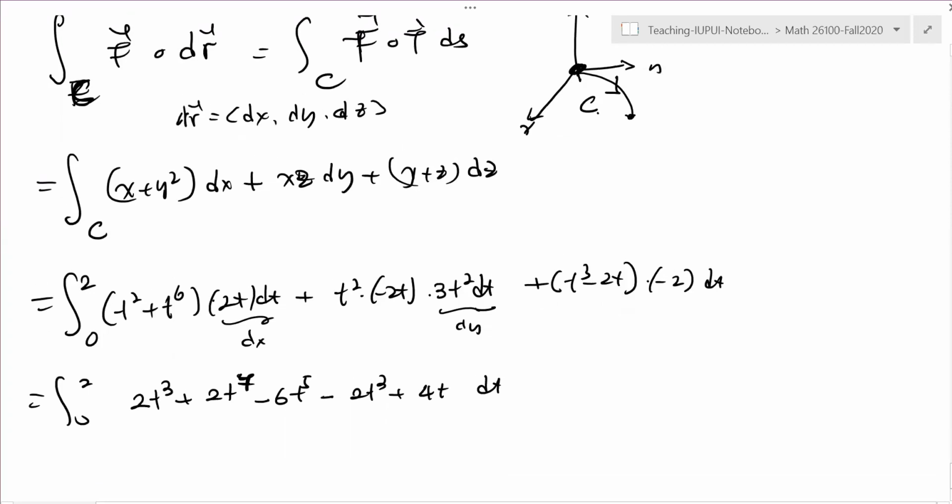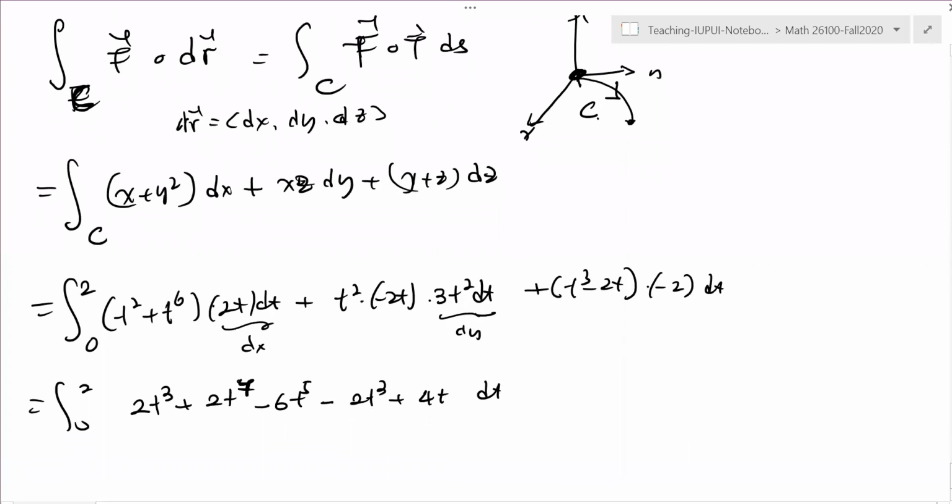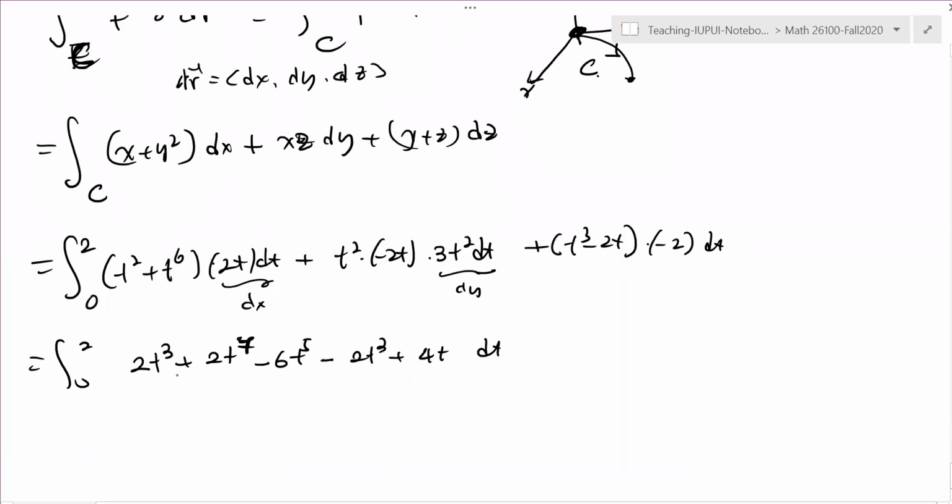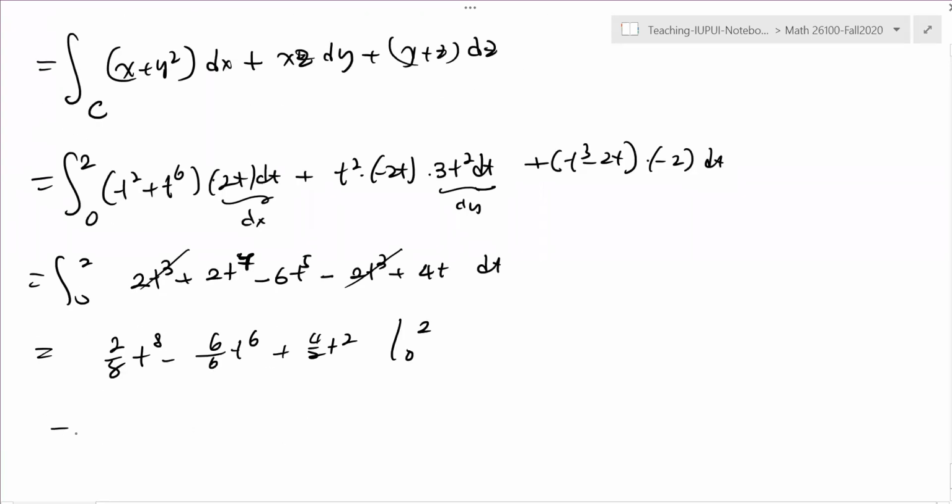The only simplification is that the t cubed terms cancel out. The antiderivative is 2 over 8 t to the 8th, minus 6 over 6 t to the 6th, plus 4 over 2 t squared, evaluated at the two endpoints. Not too bad: a quarter times 2 to the 8th minus 2 to the 6th plus 2 times 2 squared.